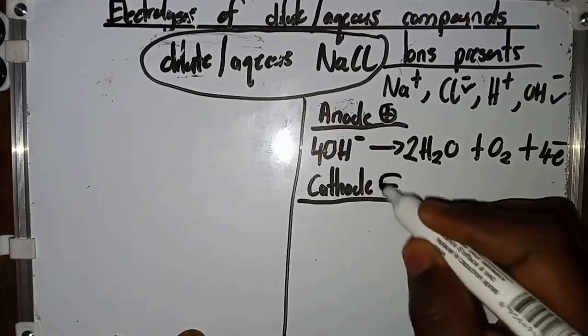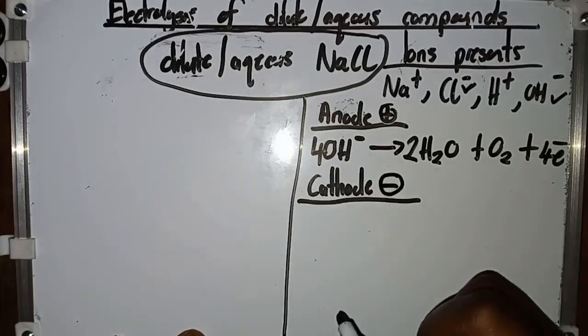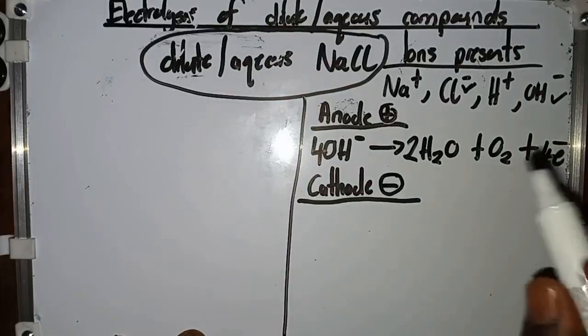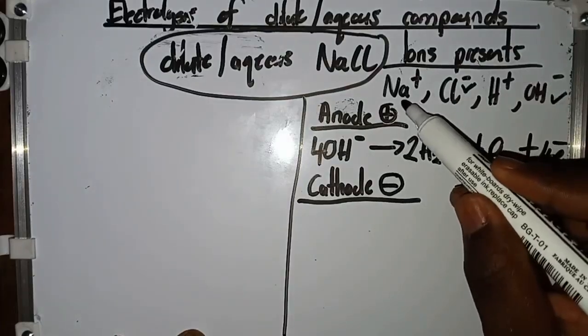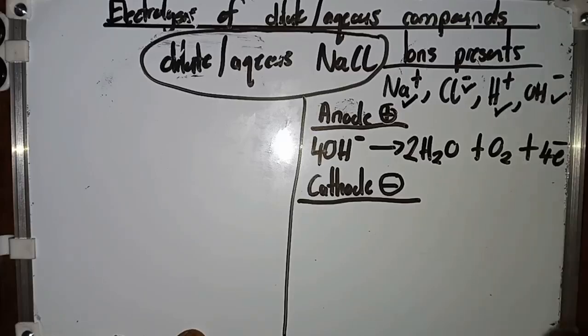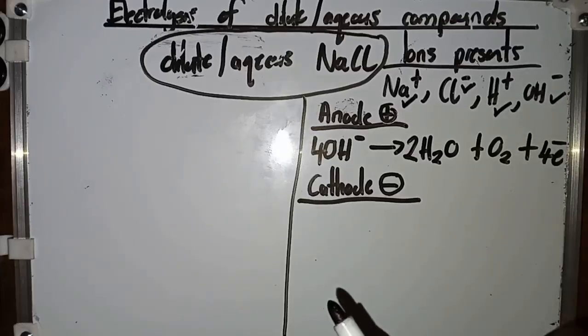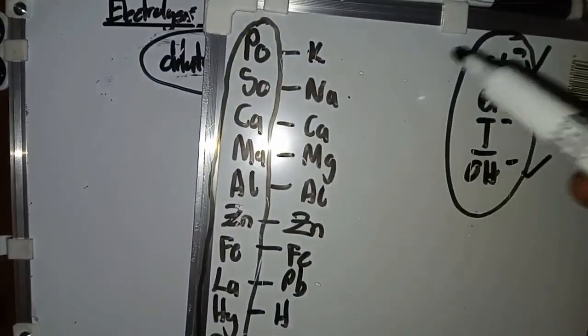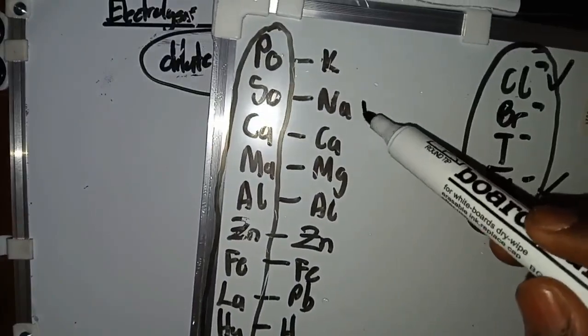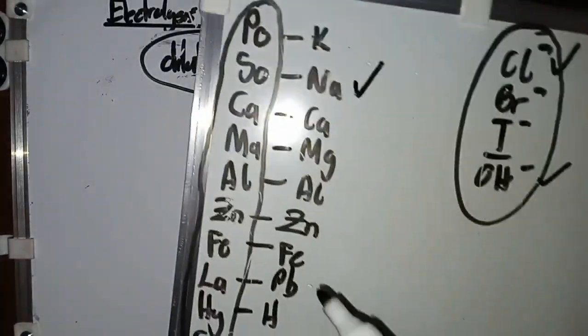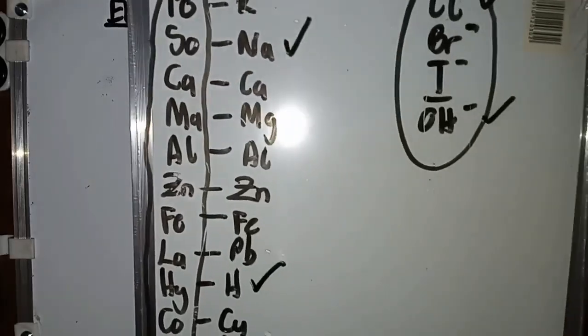Now the cathode is the negative electrode, so it attracts the positive ions. We've got sodium and hydrogen. Looking at the reactivity series, which one is going to be attracted? Which one is the least reactive?